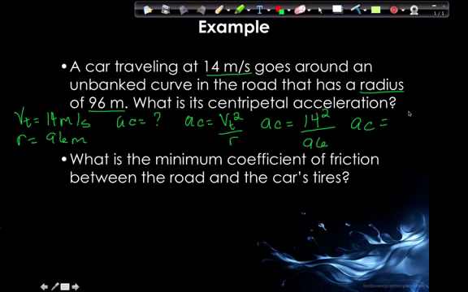You should get 2.04. All right, so now I have my acceleration, but it's not asking for just the acceleration here. It's also asking for the minimum coefficient of friction between the road and the tires.